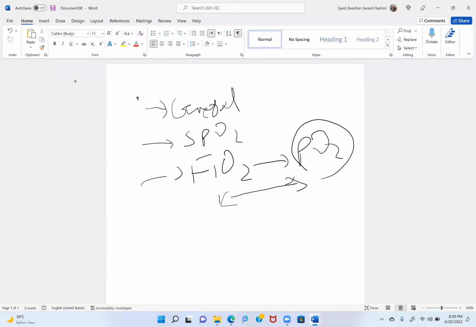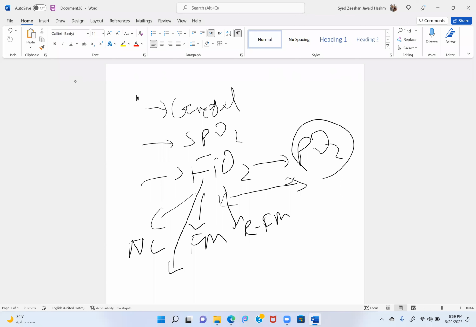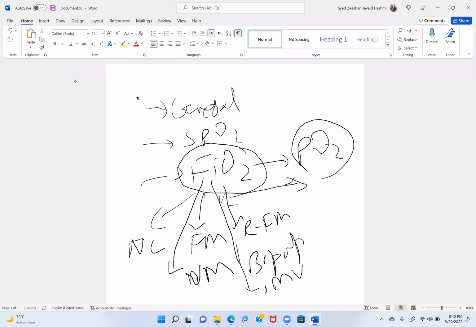For example, your patient is spontaneously breathing, or on nasal cannula, or face mask, or reservoir face mask, or Venturi mask, or BiPAP, or mechanical ventilation. So you give FiO2 in many ways, and the result you get is in the form of PO2.